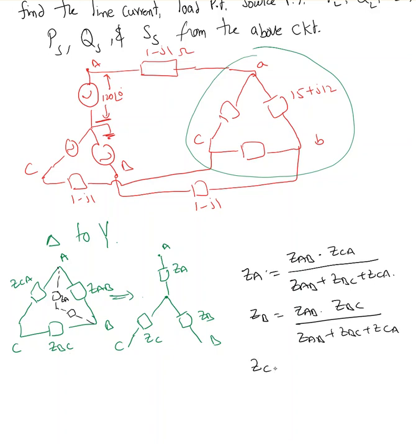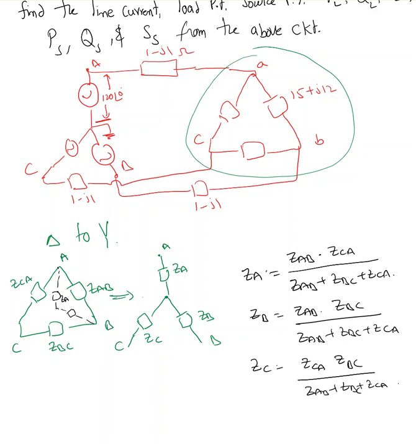Same thing with ZC, which equals ZCA times ZBC over AB plus BC plus CA.